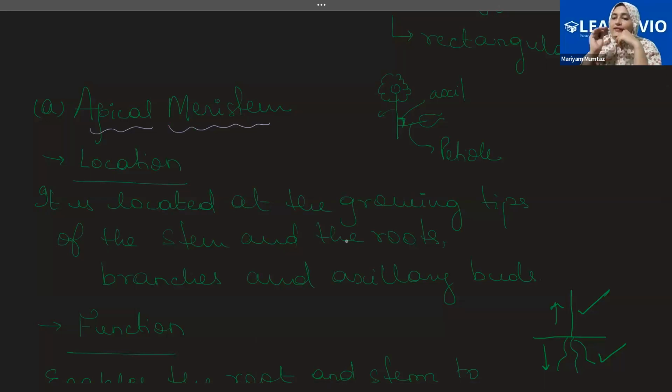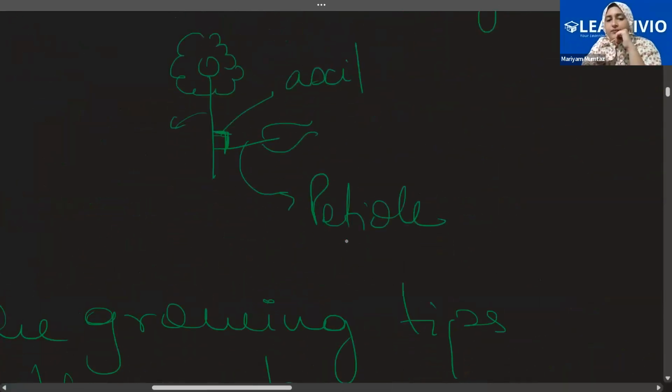So, wherever the tip of stem for the upward growth and the tip of root for the downward growth, the apical meristem is present. And apart from that, it is also present at the tip of branches and also at the tip of axillary buds. Now, what are axillary buds? For example, here I've shown in this diagram the part on the stem from which the leaves arise.